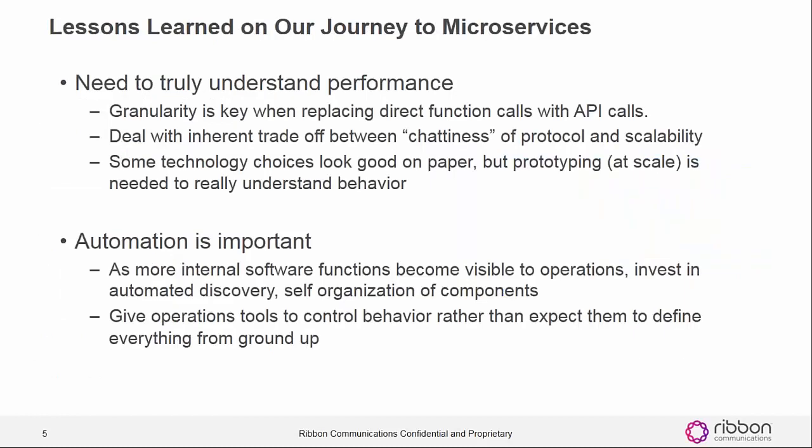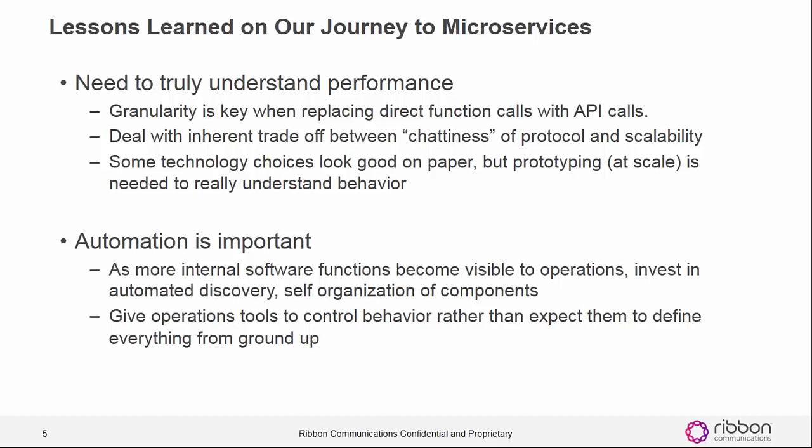So what actually has to happen? Well, as we went through our journey to microservices, we learned a couple of really important things, and I want to share those here now. First and foremost was really being able to take a hard look at that underlying architecture and make decisions on how granular you want to break down your function or your application into microservices.